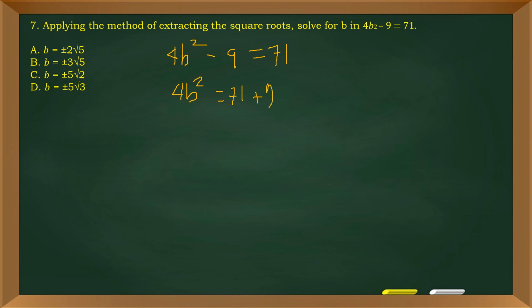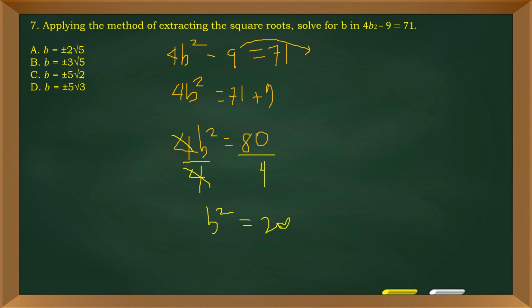Because originally 9 is negative, when we transpose it to the other side it becomes positive 9. So 4b squared is equal to 80. Leaving our variable alone, divide all sides by its coefficient, which is 4, and cancel. So b squared becomes 20.